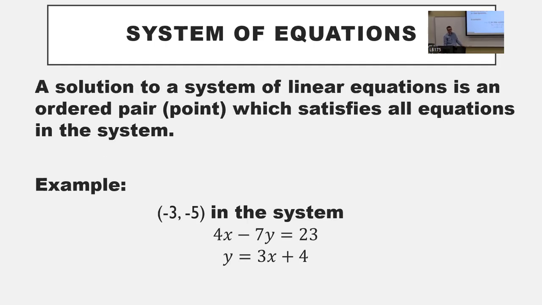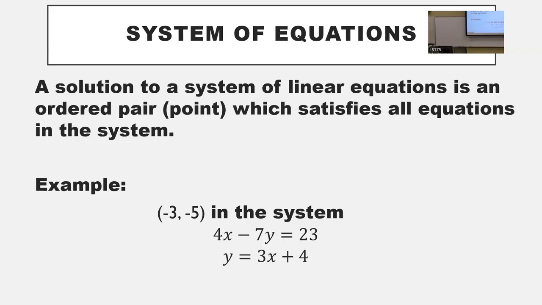Okay. We're going to be looking for a solution to the system. A solution is a point that you can plug in to make both of them true. Now, if we have three equations, then it's a point that I can plug into all three equations and make all of them true.